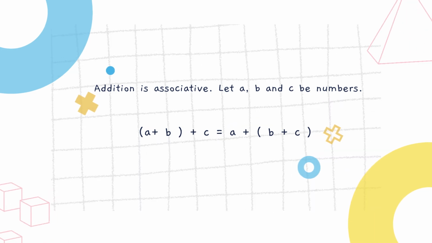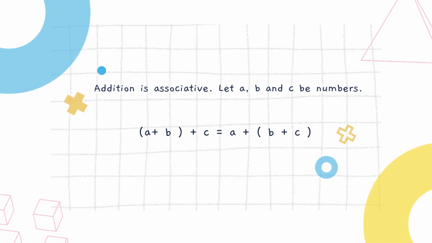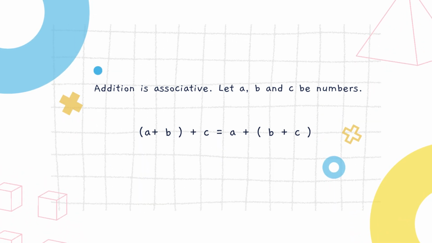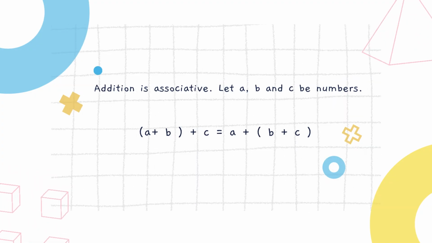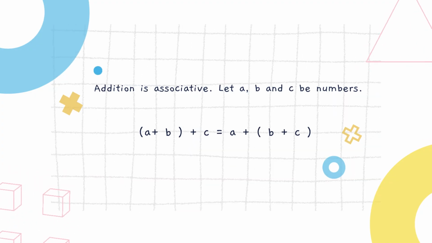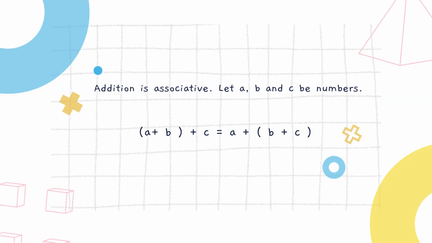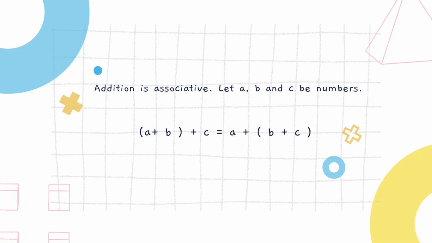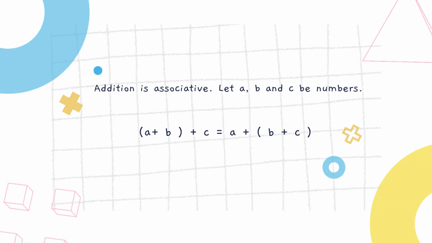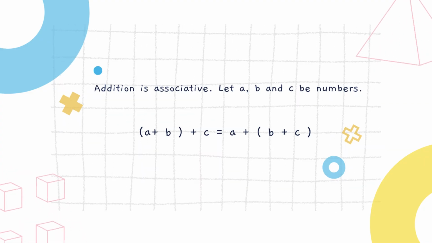In other words, first adding A and B and then adding C is the same as adding A to B plus C. The property is called the associative property of addition. Together, the commutative and associative properties are sneakily powerful as they let us add a list of numbers in any order.